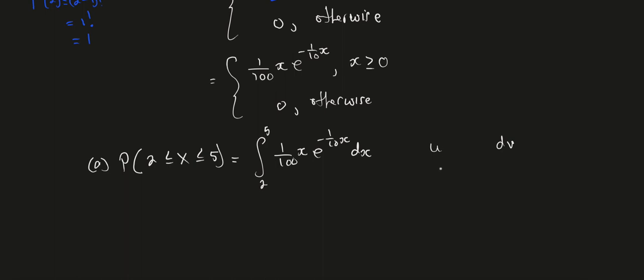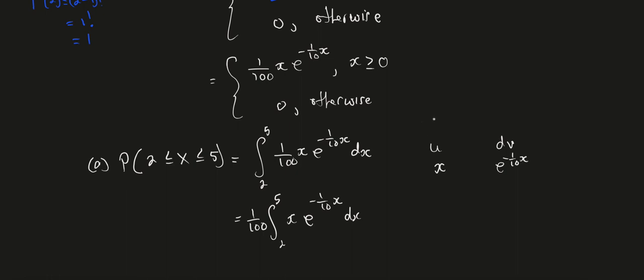It might be easier to factor out the constant and just focus on the x e to the negative 1/10 x. So I'll choose x to be my u, and then my exponential to be my dv.